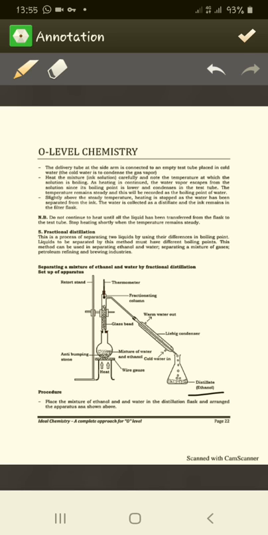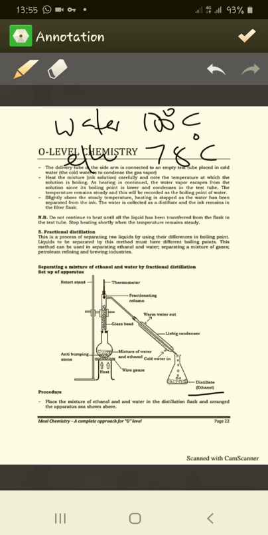I already told you that water has a boiling point of 100 degrees centigrade, but ethanol has a boiling point of 78 degrees centigrade. This is ethanol. So when you heat, the ethanol vapor is the one that comes out first, and it is the one that is collected in this flask as the distillate. So take note of that.